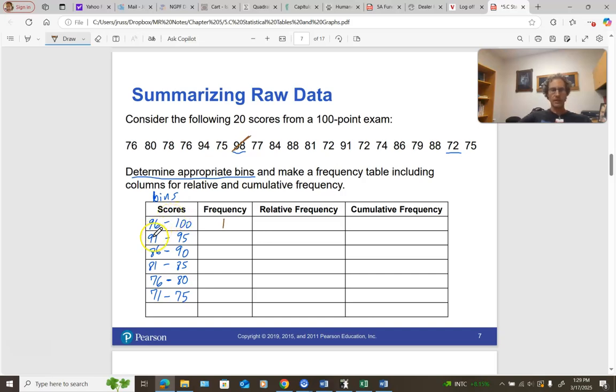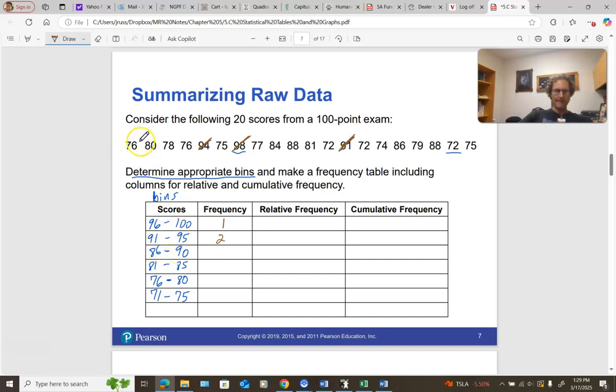All right, what about the next one, 91 to 95? Looking on here, 94 will, so that's 1. You could even use a different color if you wanted. 91 will, and I think that's it, so that's only 2. And then 86 to 90.